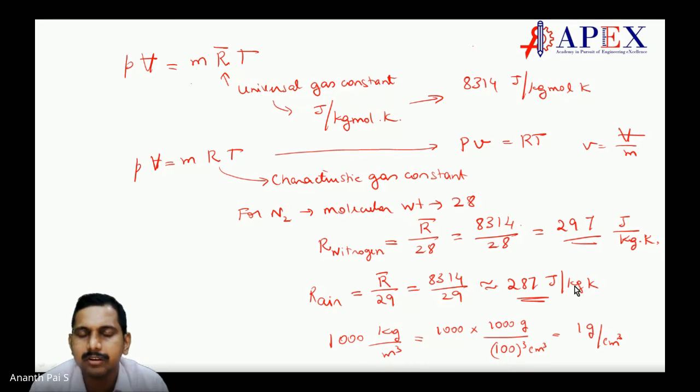Tomorrow we will see different types of processes. For a closed system first, we will see adiabatic, constant pressure process, and polytropic. How does that come? And then problems.